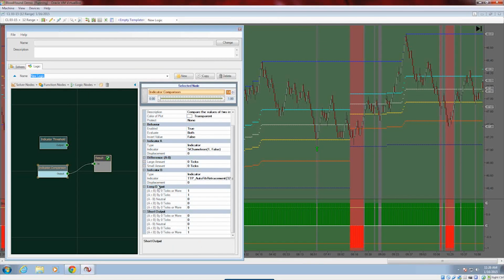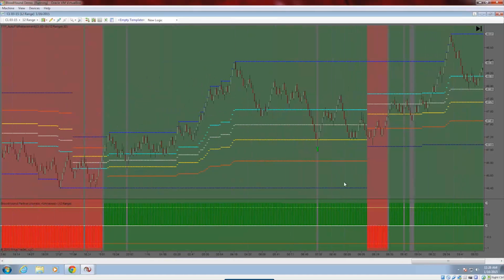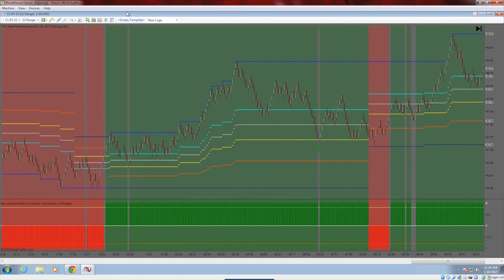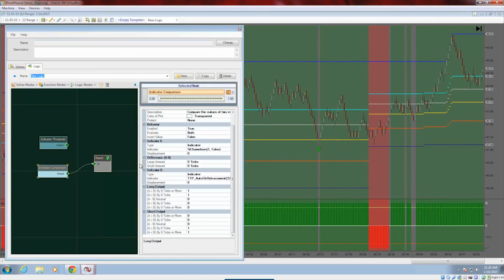So essentially I have long output on every single bar that I want to have no output on, and on the bar that I want to have the long output on, I have no output whatsoever. So I'm getting the reverse output, and that is because I have these numbers backwards.